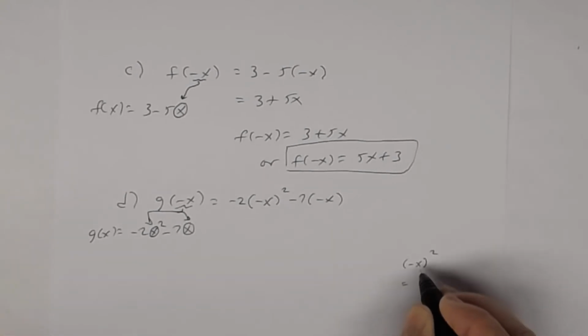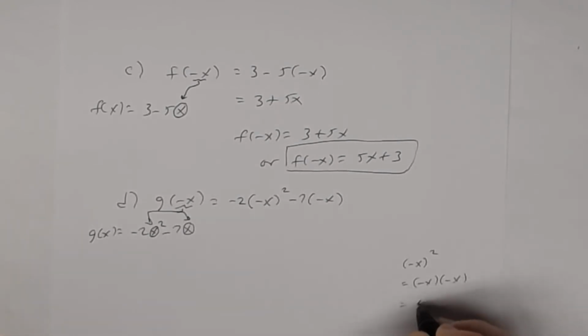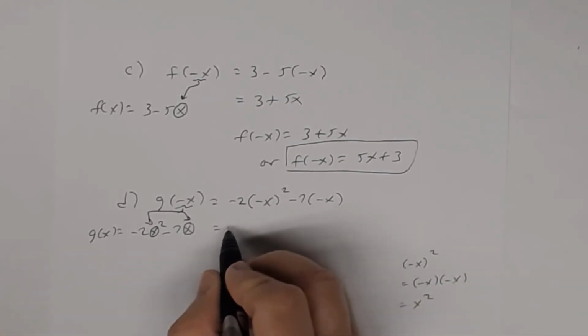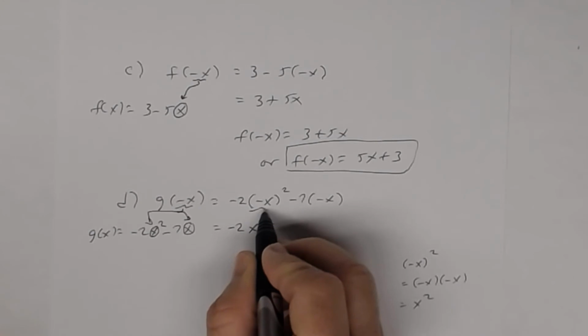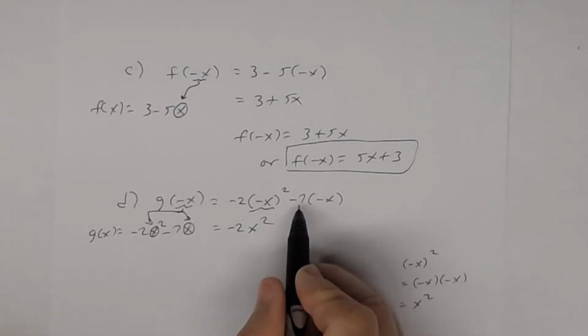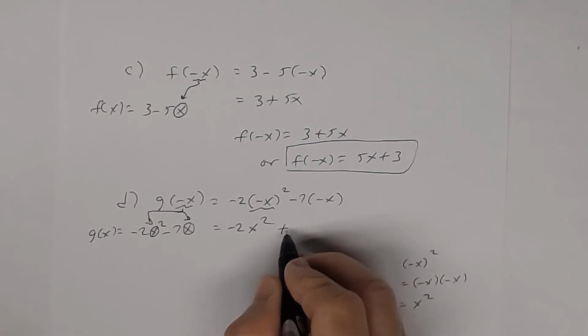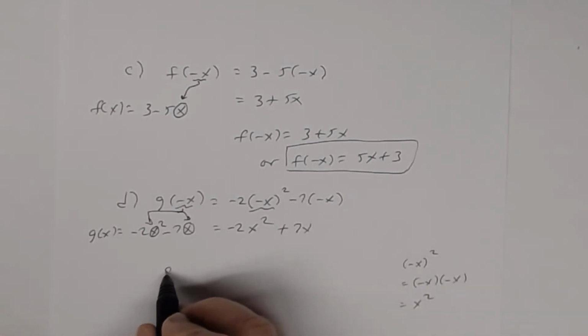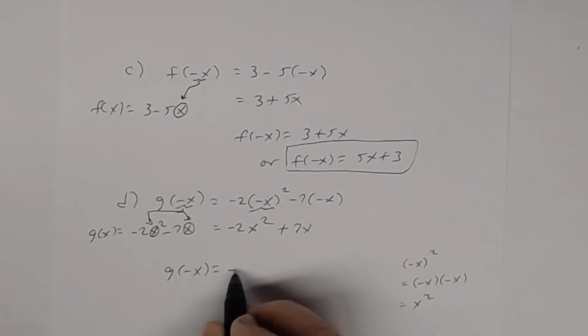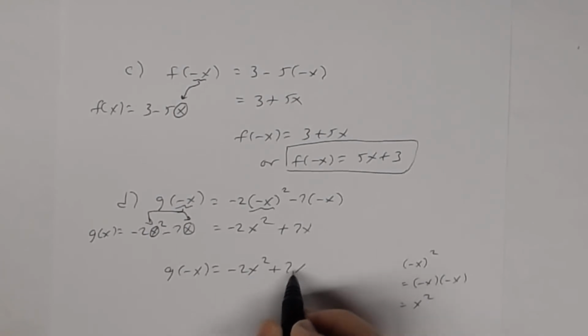So negative x squared means negative x times itself. Well, a negative times a negative is a positive, and x times x is x squared. So negative x, in parentheses, being squared is just x squared. So this becomes negative 2x squared, because that here is just this. And then a negative 7 times a negative x is a positive 7x, and there's your answer. G of negative x is negative 2x squared plus 7x.